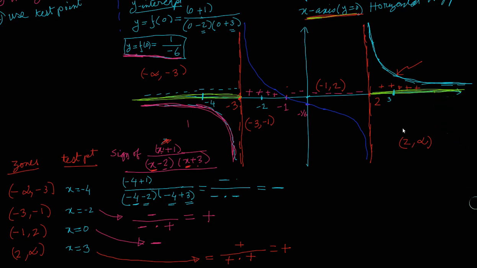So this is basically the final plot of the function. Okay, that is the end of this example. I hope you understand. All the best.